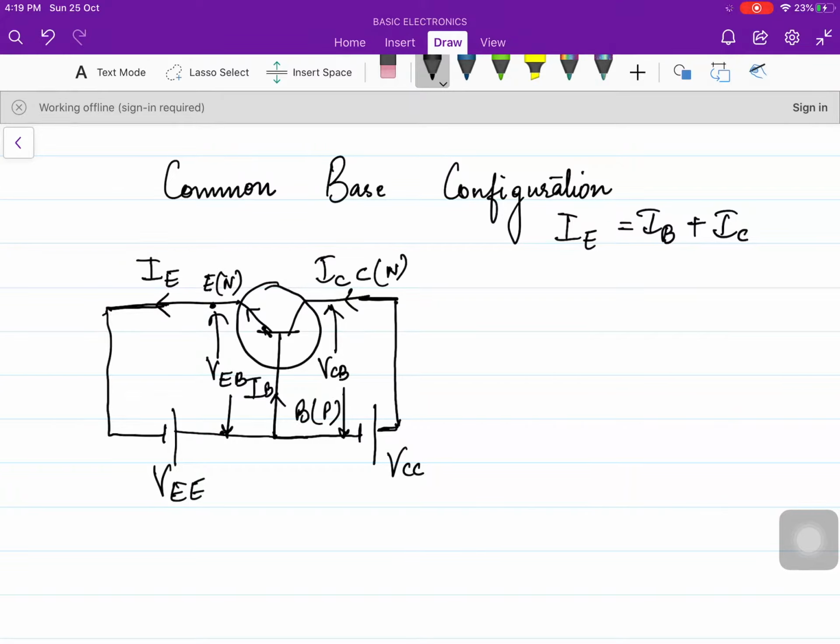Don't cram the diagrams, draw them by a certain logic when you understand it, all right, and then draw the diagram. So this is how we draw the diagram for common base configuration. And let us draw the representation of the symbol also, so that we can understand the working very easily.